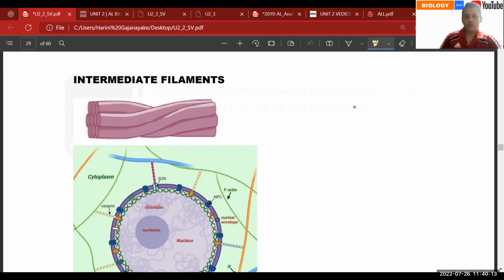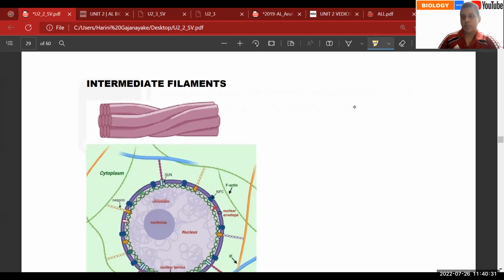It's not like actin, which makes two strands, and microtubules, which make 13 columns. And here we don't have an exact number. It could be like 10, 12, 13, 14 protein filaments around, like keratin.